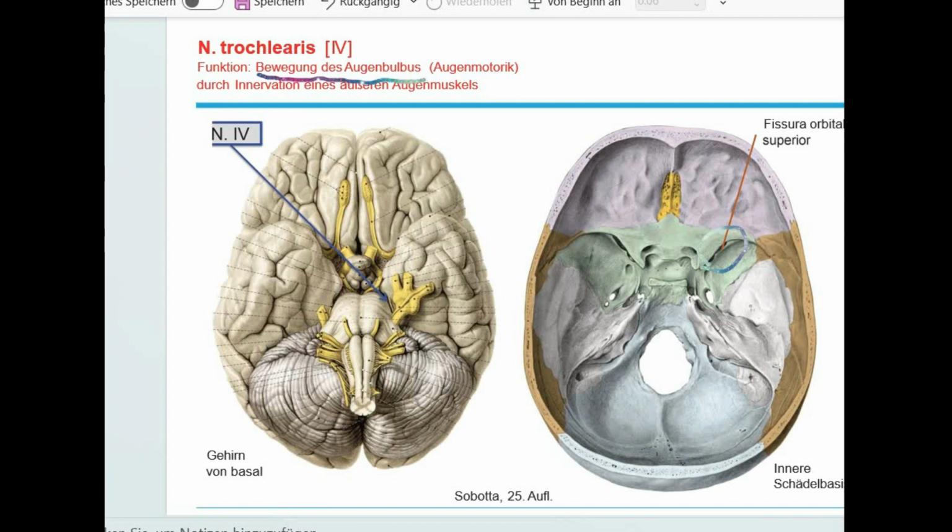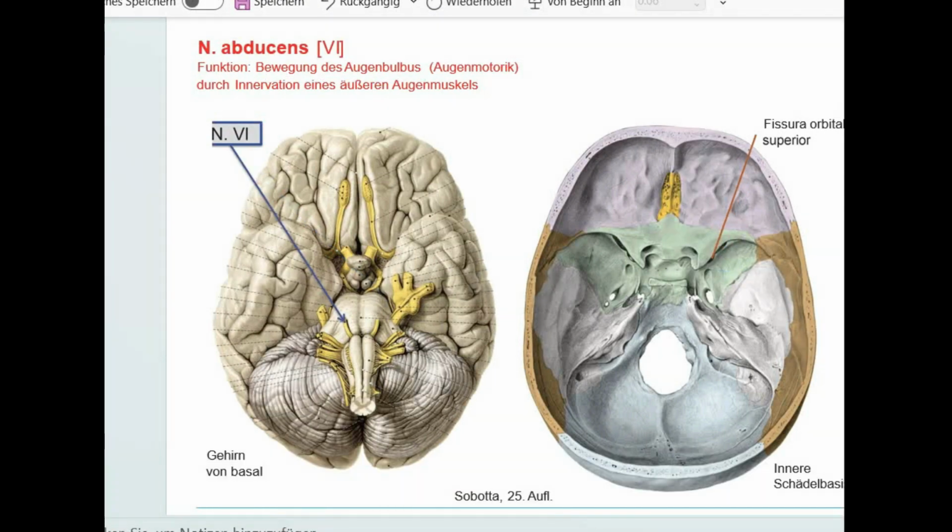Now we go to the sixth nerve, the abducens nerve. It is also a bit the same as the third and fourth. It also runs through the superior orbital fissure. It is also responsible for the external eye muscles. It is motor and moves the eyes.